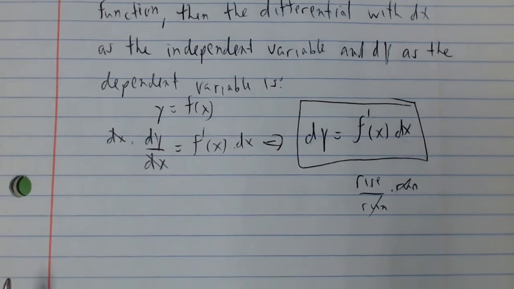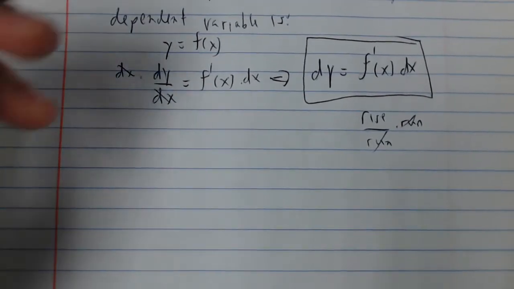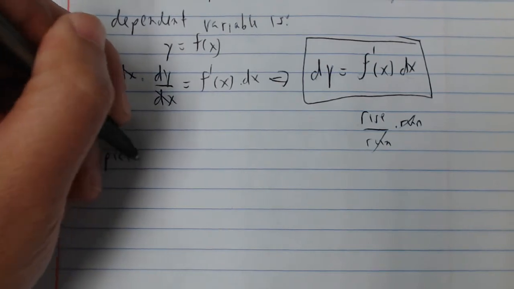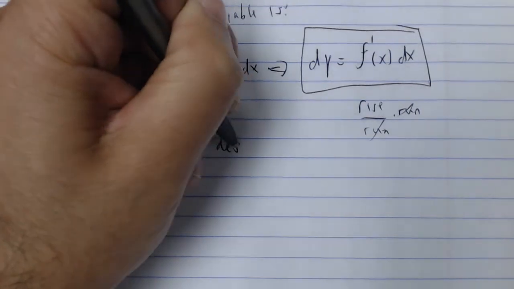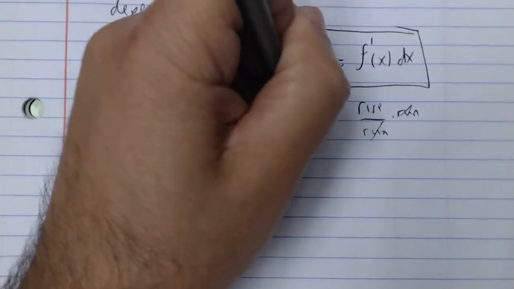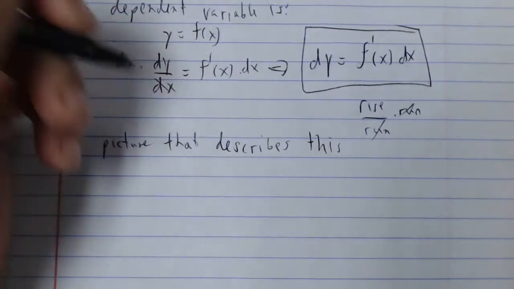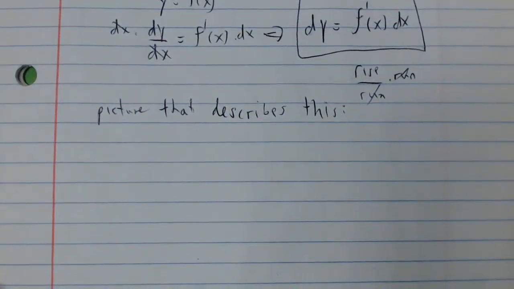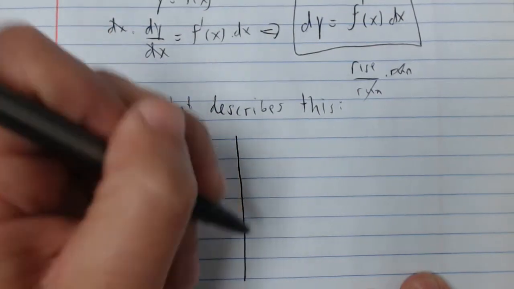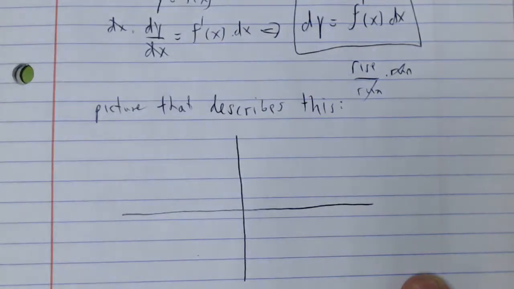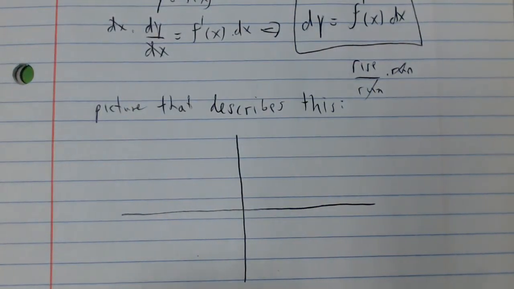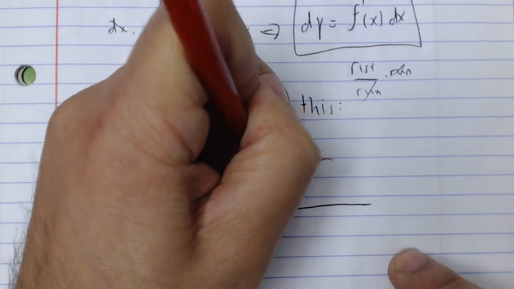So let me draw a picture that describes what's going on here. Imagine that we have a graph that looks like this. Let's go with a red graph. This is my f of x.